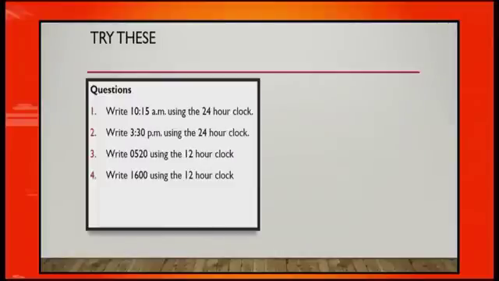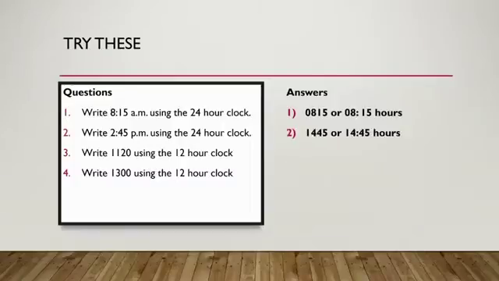Let's try these. 8:15 a.m. using the 24-hour clock would be 08:15. Right? Morning is just after the hour, so the first hour after the midnight would be 1 hour, then 8 hours after that would be 8:15.